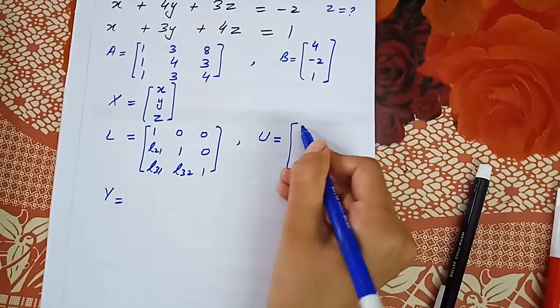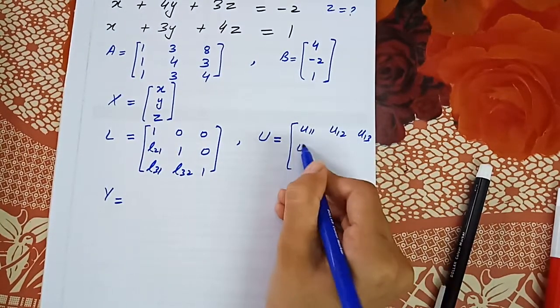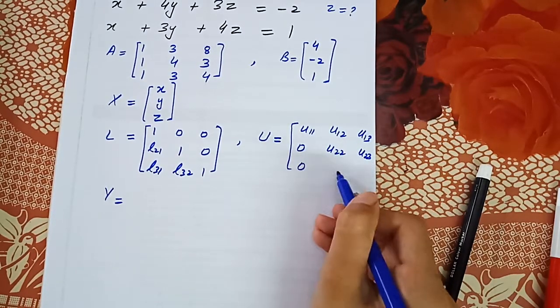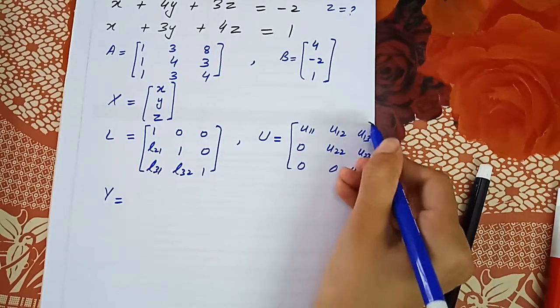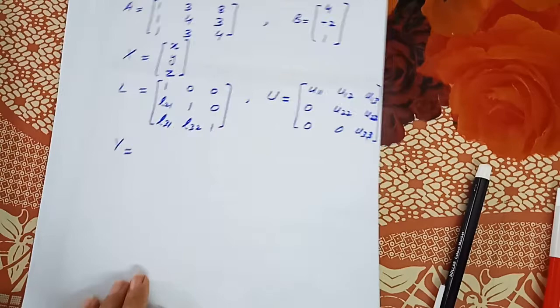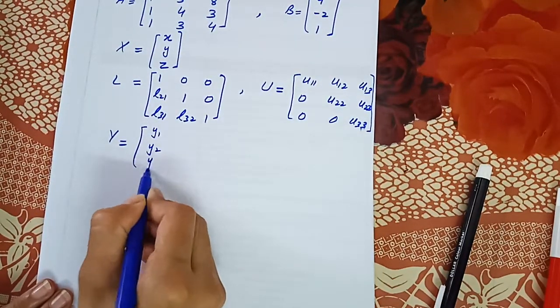And the upper triangular matrix is U11, U12, U13, 0, U22, U23, 0, 0, and U33. And there is another matrix, that is the Y matrix, and that is equal to Y1, Y2, and Y3.